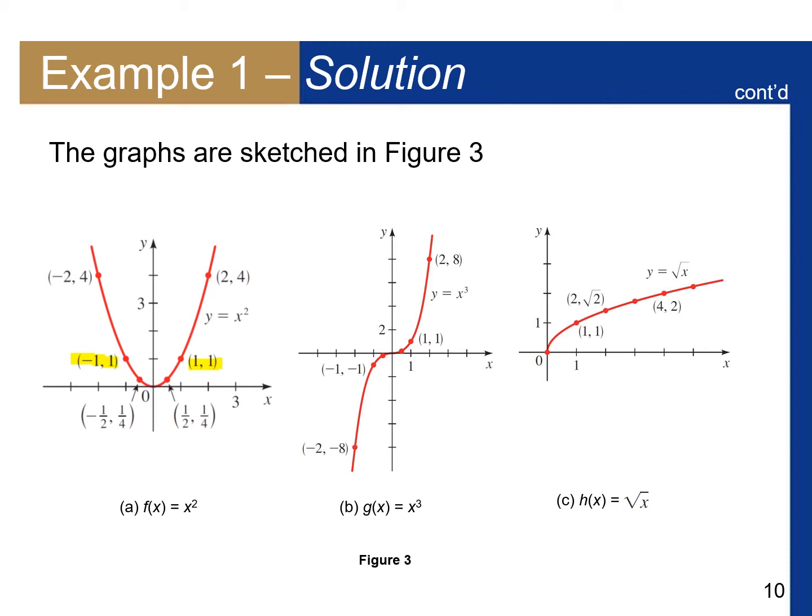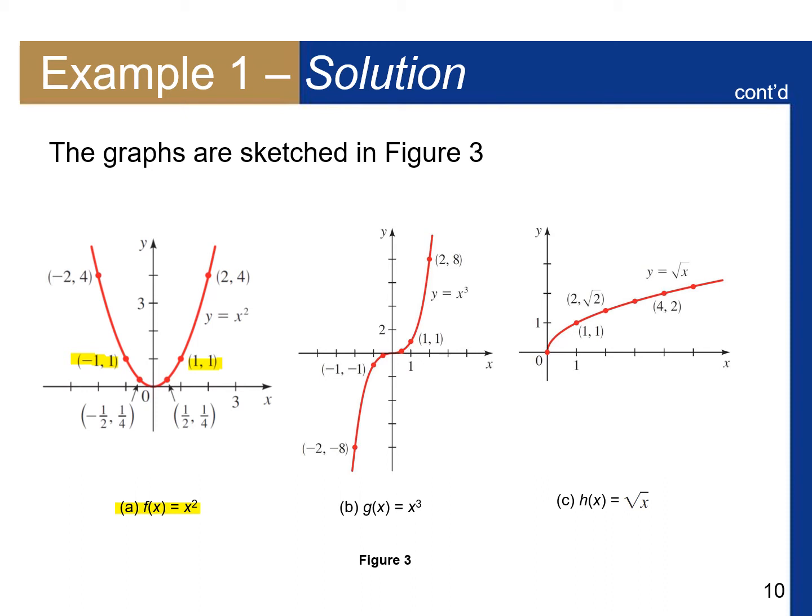This particular graph, not the numbers along it, but what it looks like right here, is the parent function for quadratics, and it's something you should recognize when you see it. Also, here we have g of x equals x cubed.